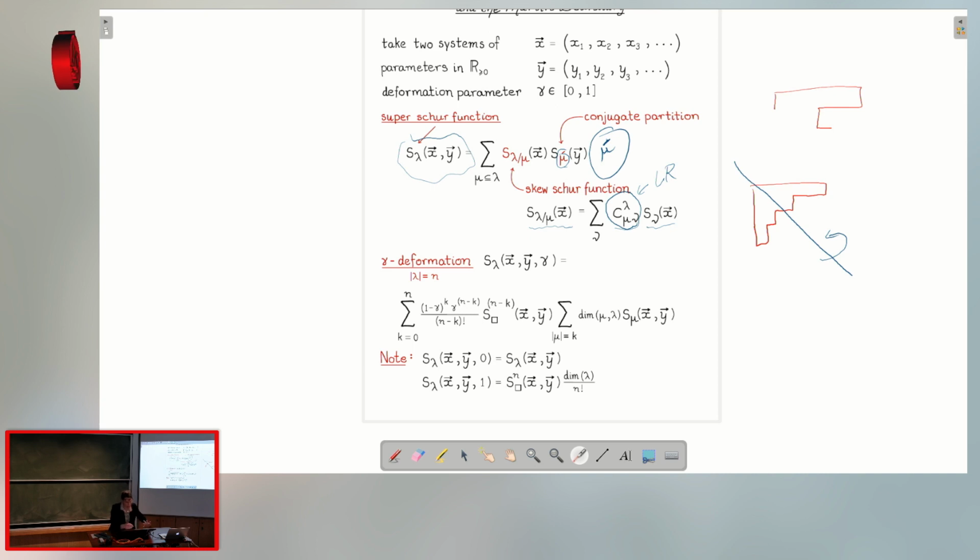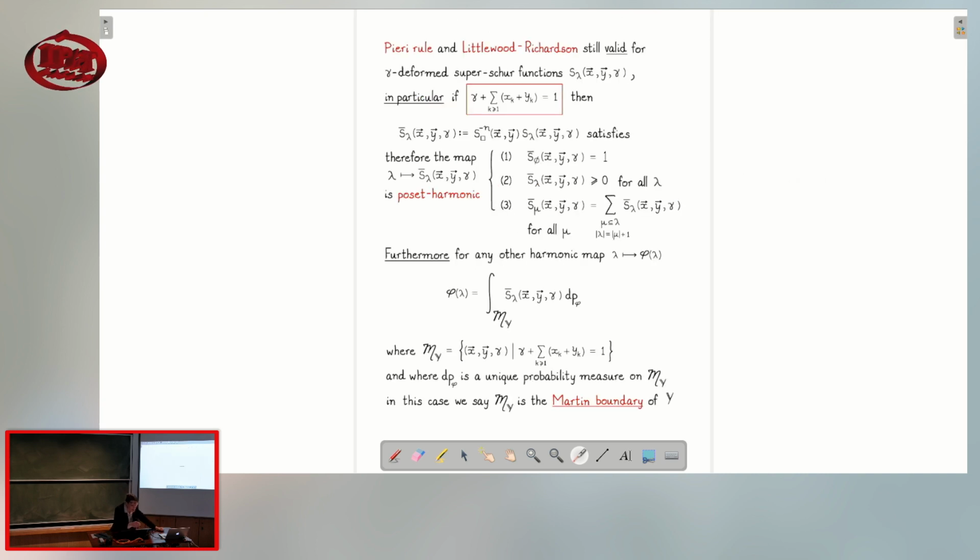The reason I'm bringing them in here is that they still obey the Pieri and Littlewood-Richardson rules. Moreover, if all of the x's and y's and the gamma altogether tally up to 1, then we can do the following trick.